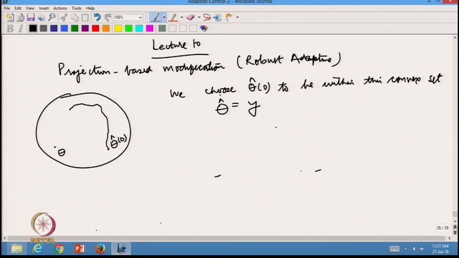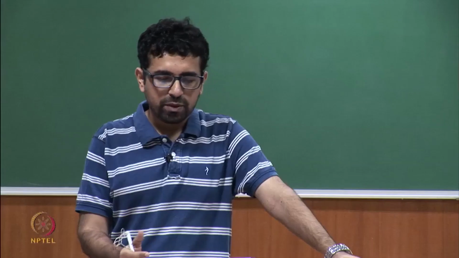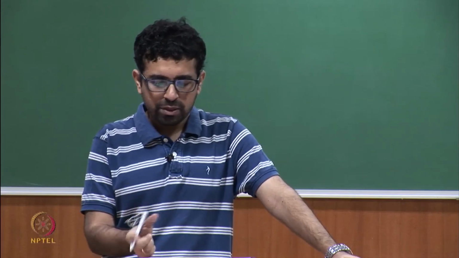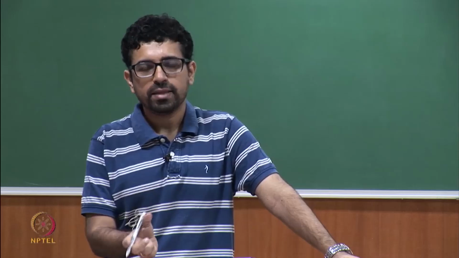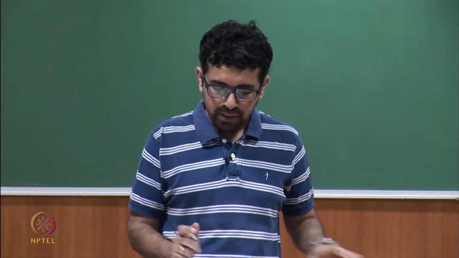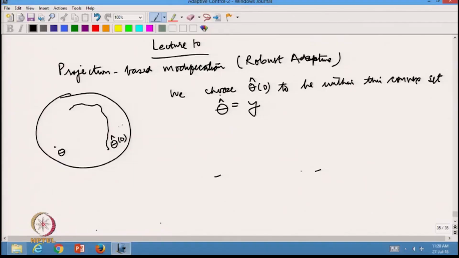So, this y in the MRAC case was, if I remember correctly, gamma B transpose P e x transpose. So, this was the adaptive law for K x hat, right. So, suppose that is denoted by y, okay, and so theta hat is getting updated based on this update law, and it is moving inside this convex set, okay, in a continuous way.